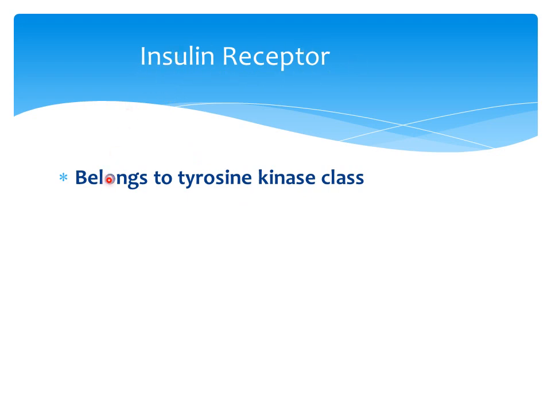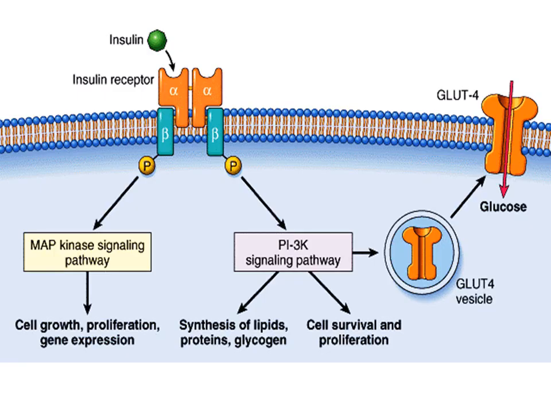Insulin receptor belongs to tyrosine kinase class. This figure shows the insulin receptor. This is the cytoplasm of the cell, and this is the plasma membrane, and this is the insulin receptor.